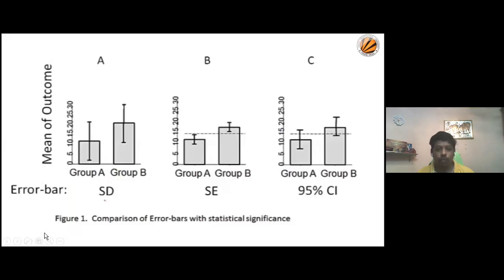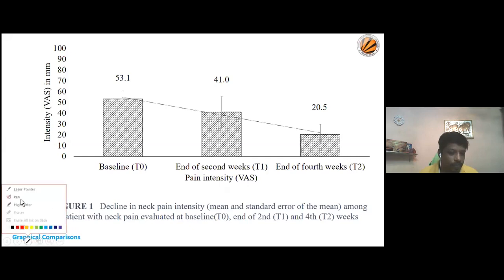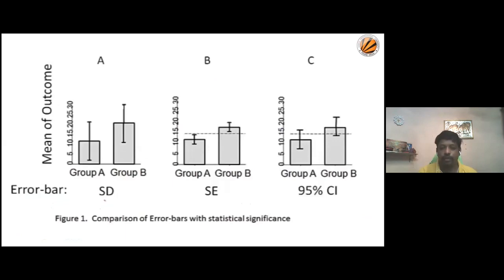When you take this line, this is your upper limit, this is the lower limit, the error bar. And also the other error bar has an upper limit and this is the lower limit.